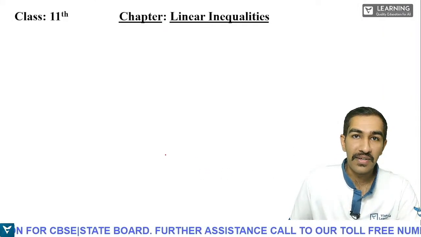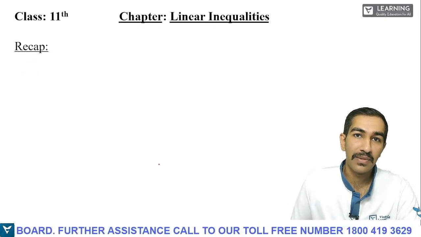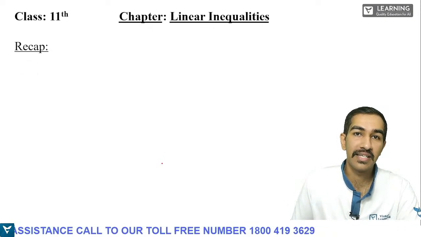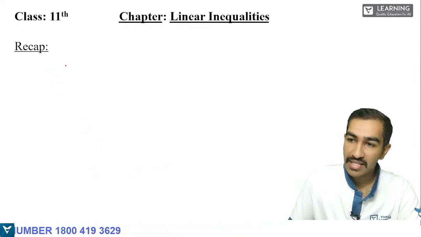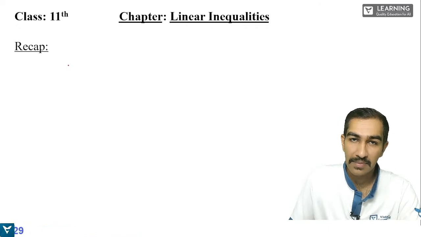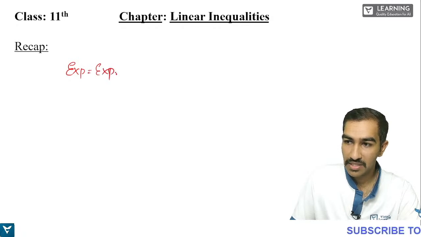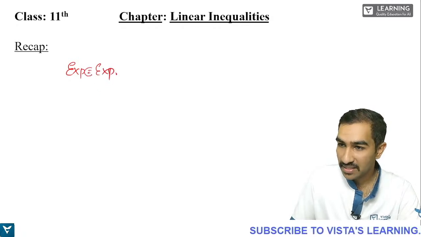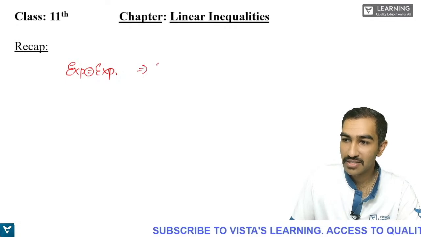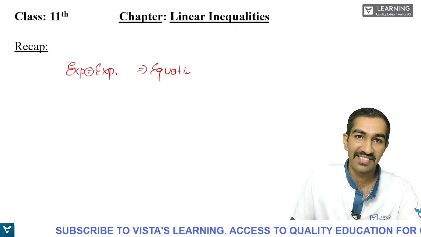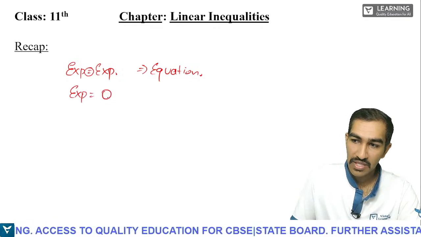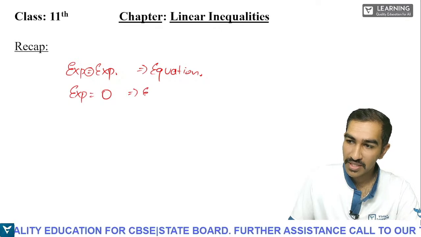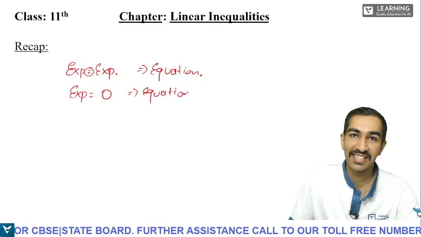Okay, so the very first thing, we'll have a look at the recap. In the recap, we saw what an inequality is. For example, if two expressions are equated, then it is called an equation. If an expression is equated to 0, then also it is called an equation.